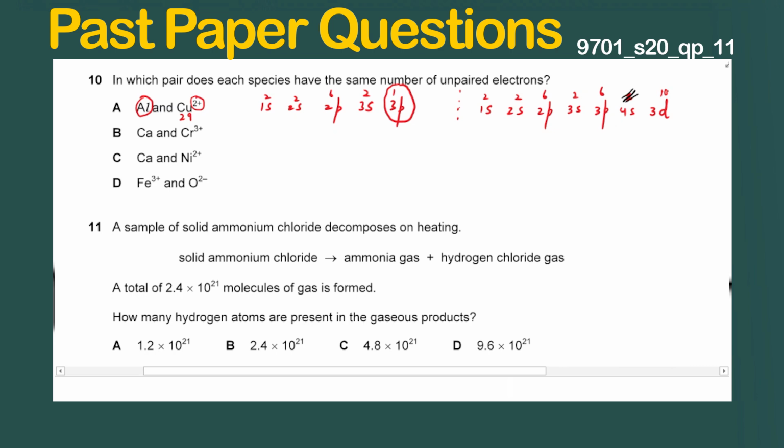This is the electronic configuration of the copper atom. When we look at the copper 2 positive ion, one electron is removed from the s orbital, and one electron from the d orbital. So in this way, the d orbital has 9 electrons and the s orbital has 0 electrons.